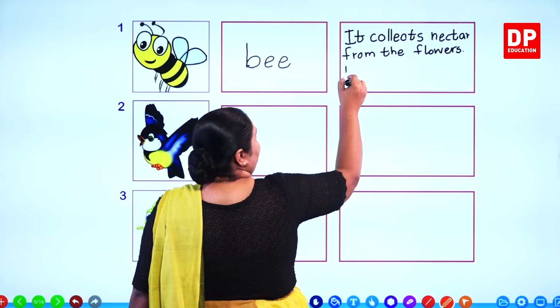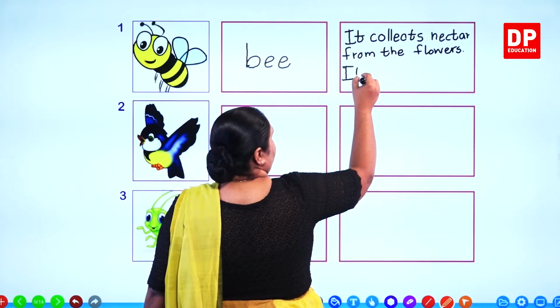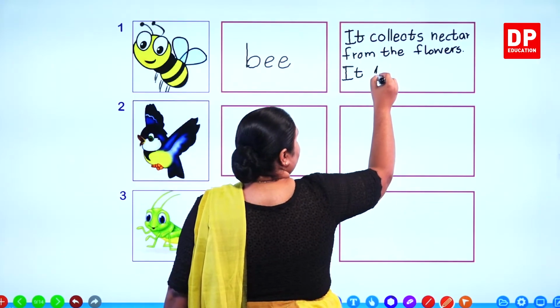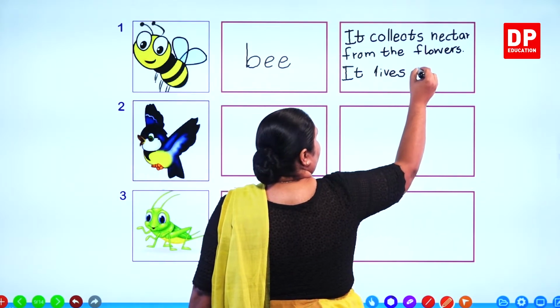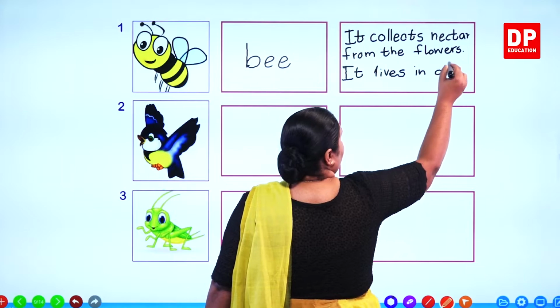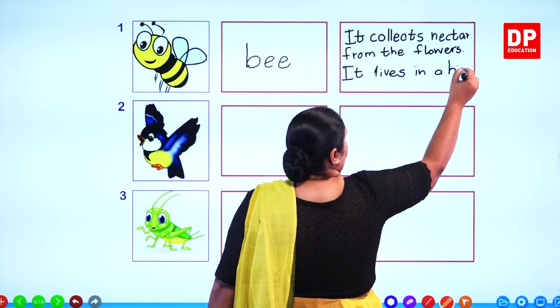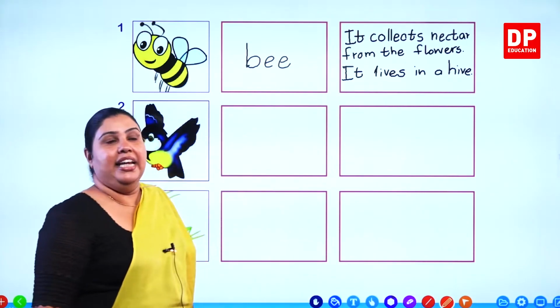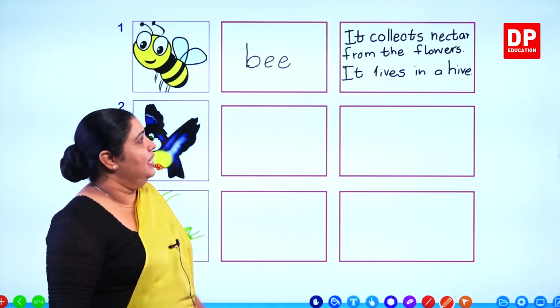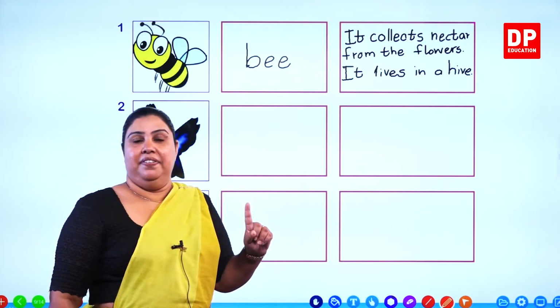It lives in a hive. The bees live in a hive, dear. It lives in a hive. H-I-V-E. Right? It collects nectar from the flowers. It lives in a hive.